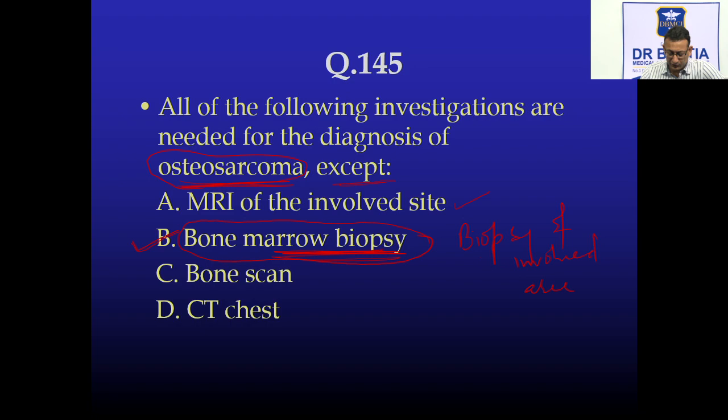Bone scan, yes, we want to do the bone scan to see whether there are any metastases to the other bones or not. We can do CT chest to find out any metastasis in the chest. So, the answer to this question should be bone marrow biopsy, which is not the choice of investigation in osteosarcoma. We usually do biopsy of the involved area.